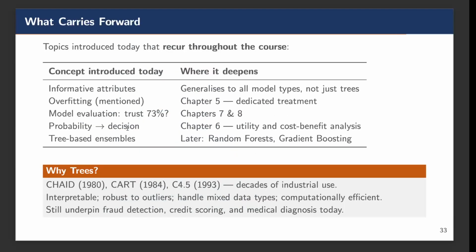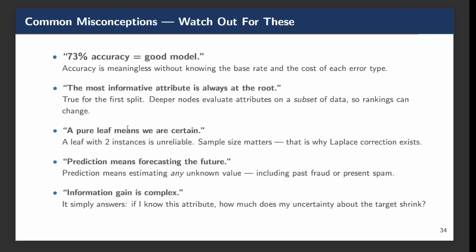So we see what carries forward. The concept of informative attributes can be generalized to all models, and then we'll dive deeper into overfitting and model evaluation in the future chapters. Okay, so the rest of it is some of the common misconceptions. For example, if you have like 73% accuracy, this is not necessarily a good model without knowing what would be the best rate.